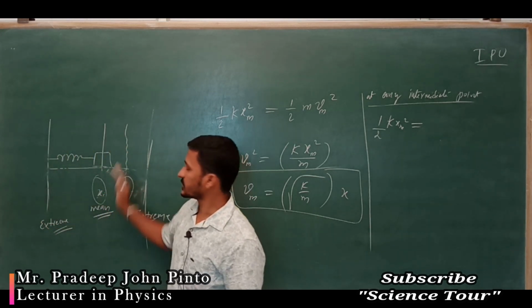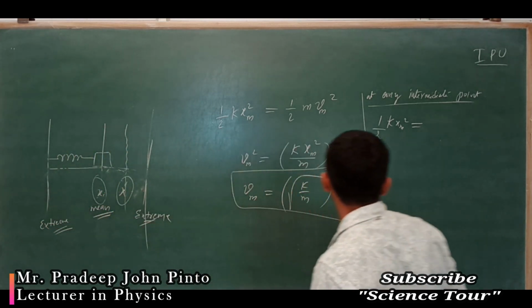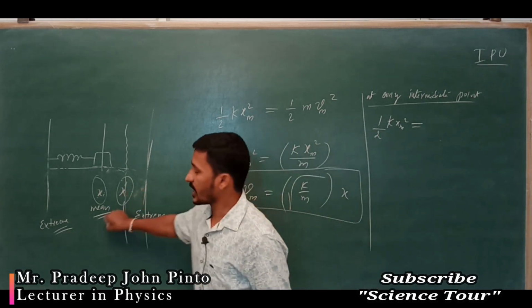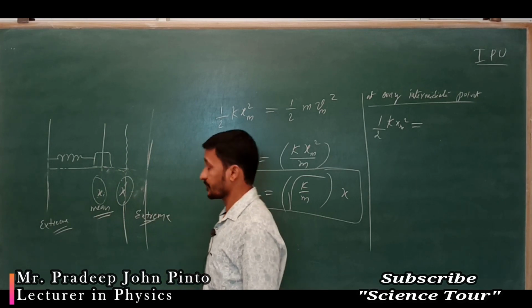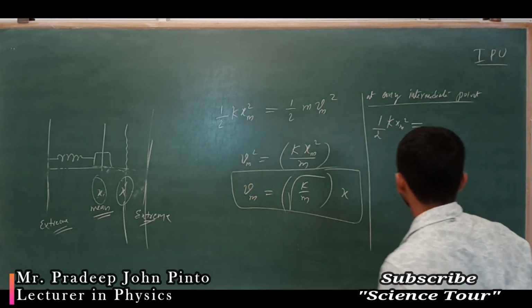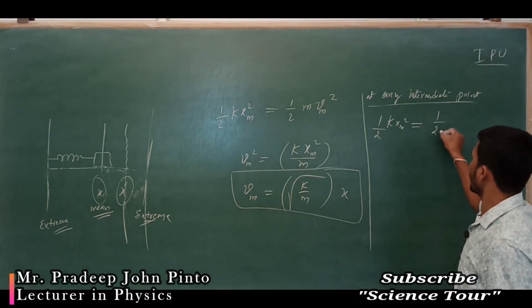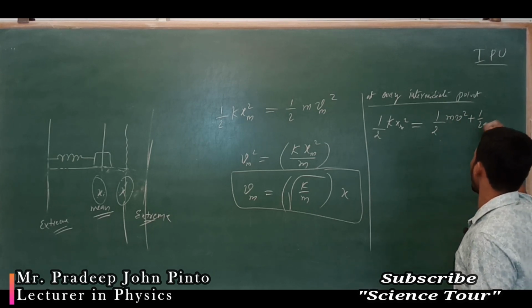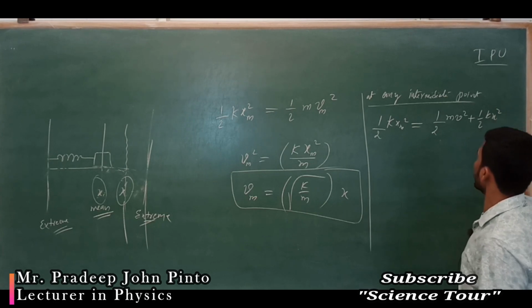At the intermediate stage there are two energies, that is the total energy at points A, B, C that we have calculated, which will be equal to half m v square plus half k x square.